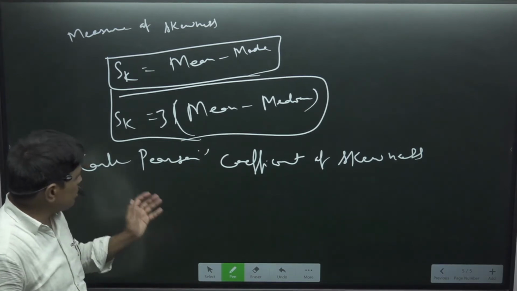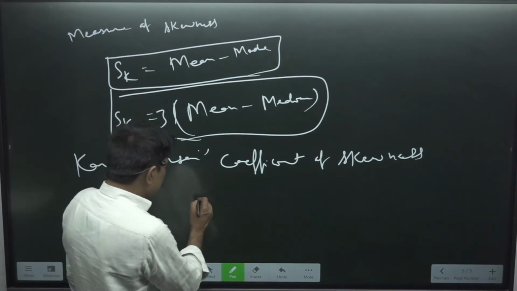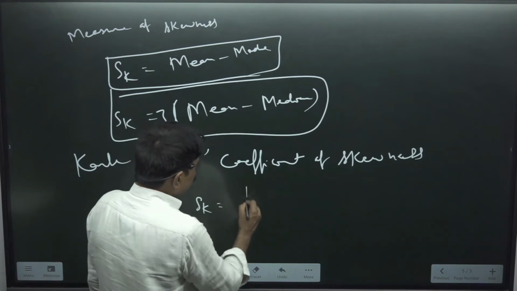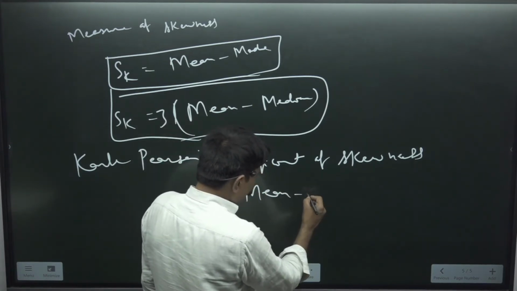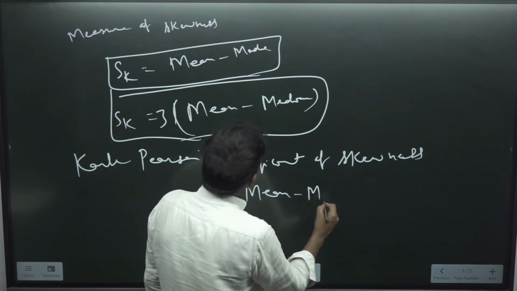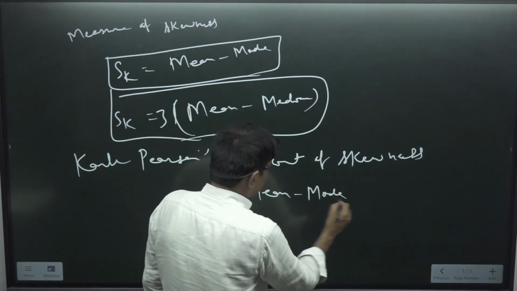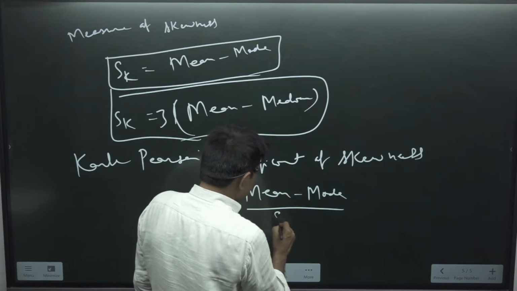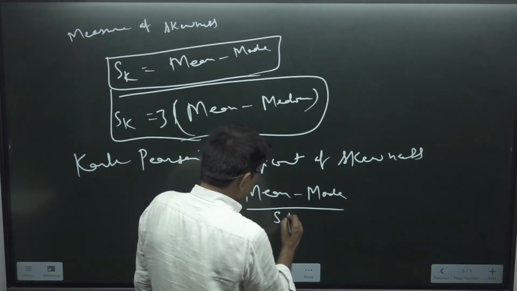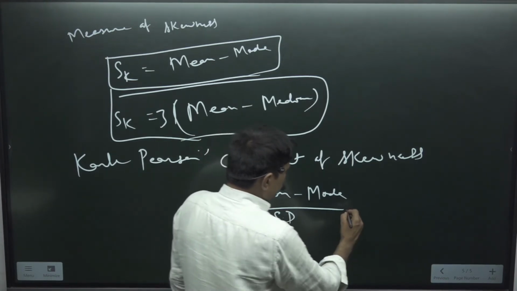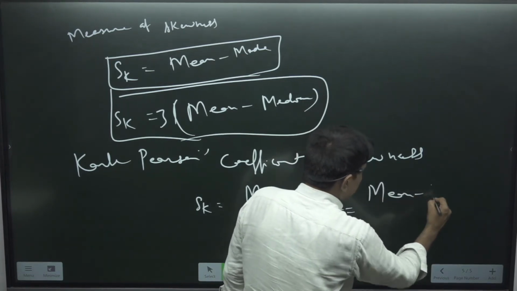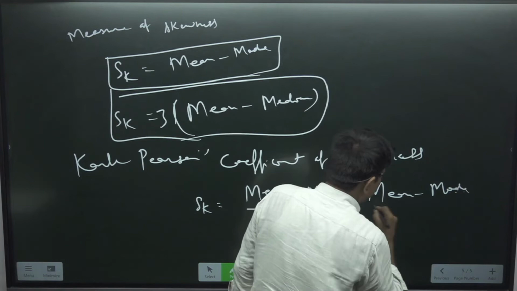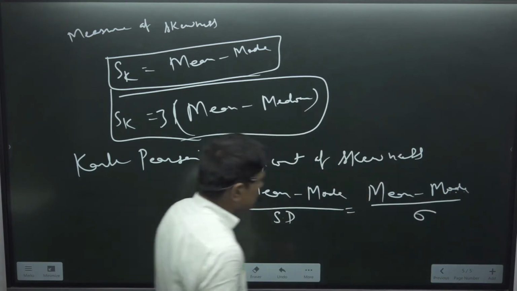So Pearson's coefficient SK is denoted by mean minus mode divided by the standard deviation, written as mean minus mode divided by small sigma.